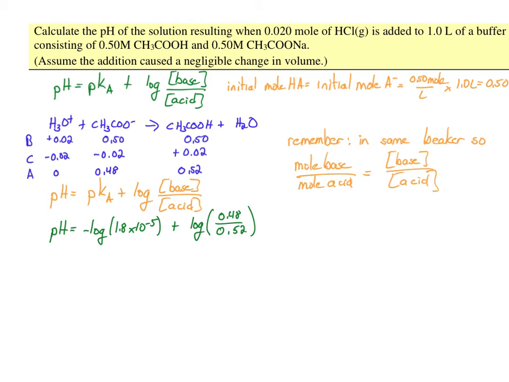We input our values, and the numbers we get out are 4.74474 plus a negative 0.0348. And the resulting pH of solution after the added strong acid is 4.709, or with 3 sig figs, 4.71.